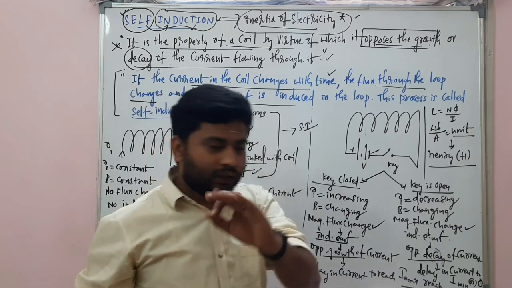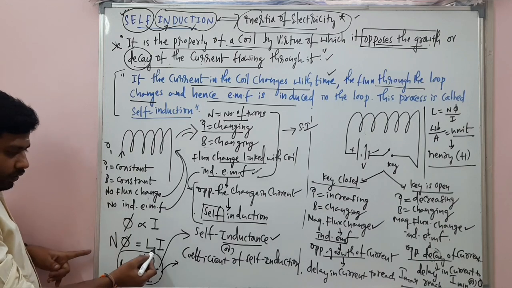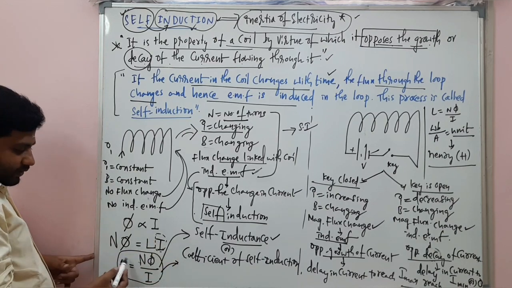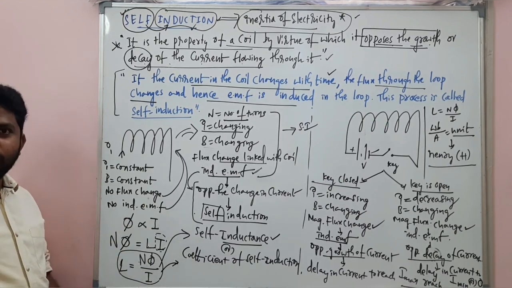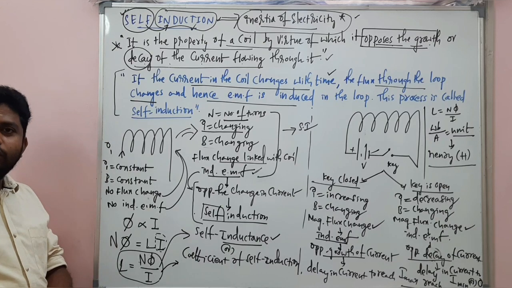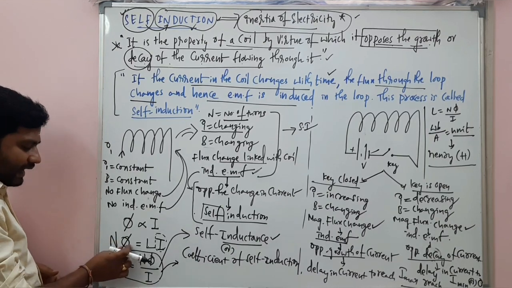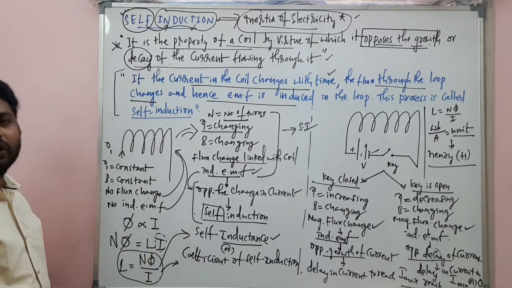Okay, clear? So now, if I is equal to 1 ampere, what happens? Your phi value is equal to L. So the coefficient of self-induction is equal to the magnetic flux linked with the coil when the current is 1 ampere.